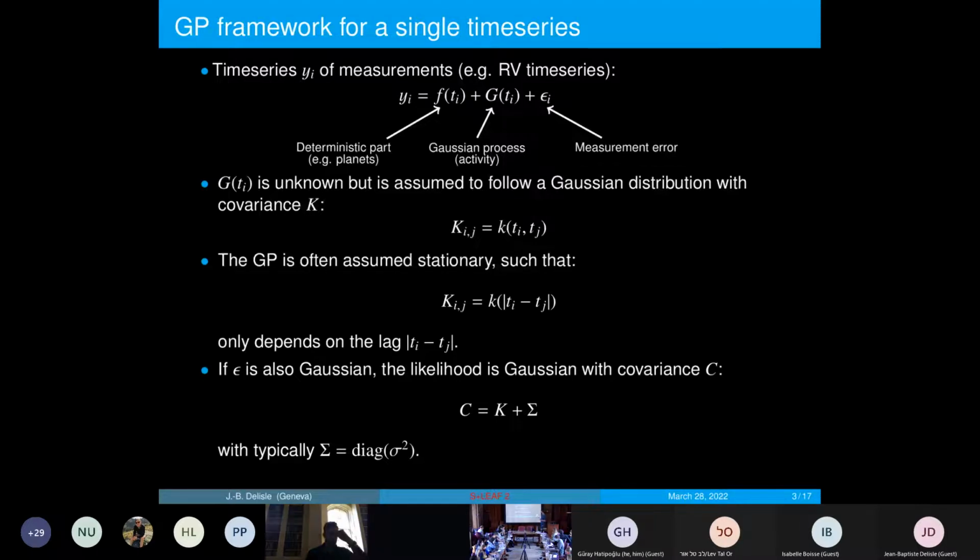So then if we also assume the measurement error to be Gaussian, at the end, our likelihood will also be a Gaussian, and the full covariance matrix of this Gaussian will be the sum of the Gaussian process part given by the kernel and our measurement error covariance, which is typically assumed to be diagonal in case of white noise.